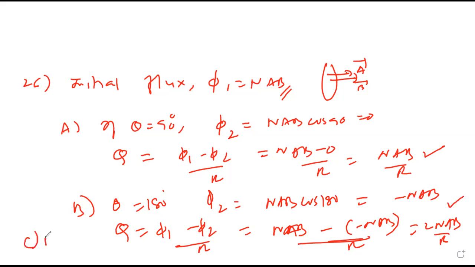C, if theta is 180, Q is 0. This is incorrect, okay? Because for 180 we got twice NAB upon R, not Q equal to 0. So this is incorrect.